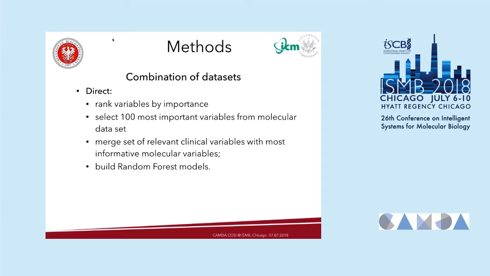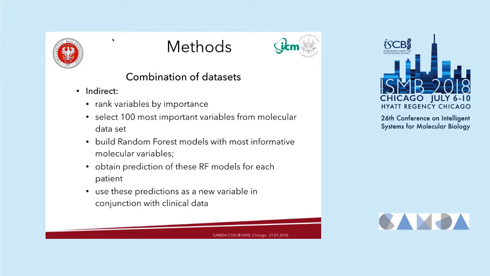So we applied 2 methods of combination of data sets. First, direct: we rank variables by importance, select the 100 most important variables from the molecular data set, merge the set of relevant clinical variables with the most informative molecular variables, and build random forest models.